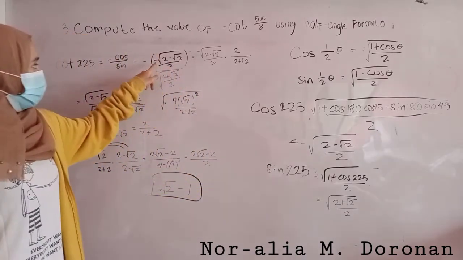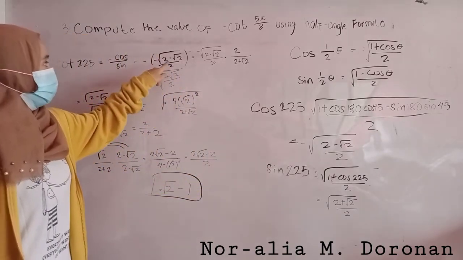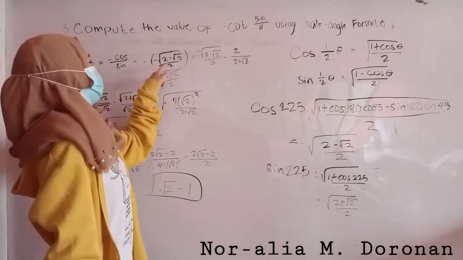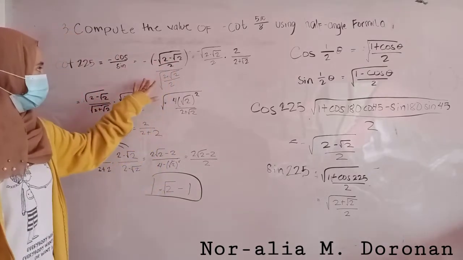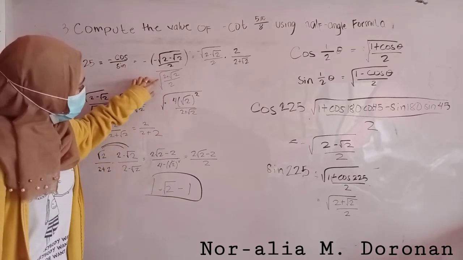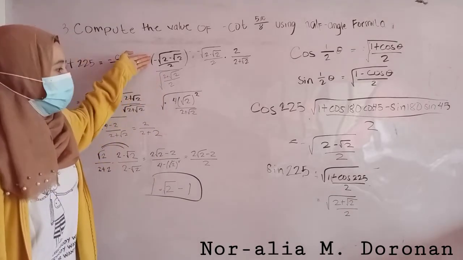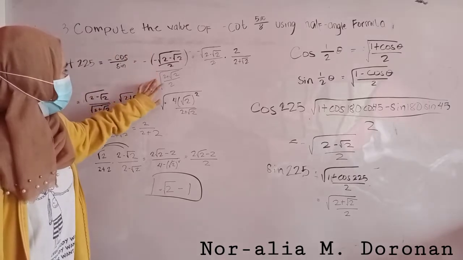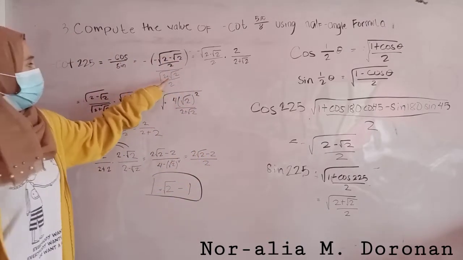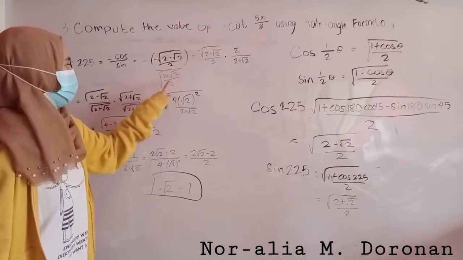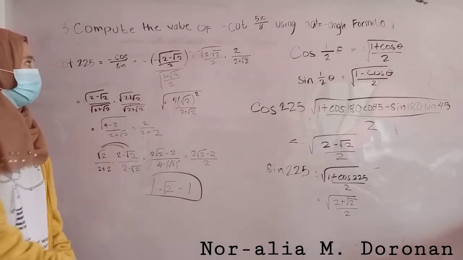Negative square root of 2 minus square root of 2 over 2, and square root of 2 plus square root of 2 over 2. So this is the cos and this is the sine.